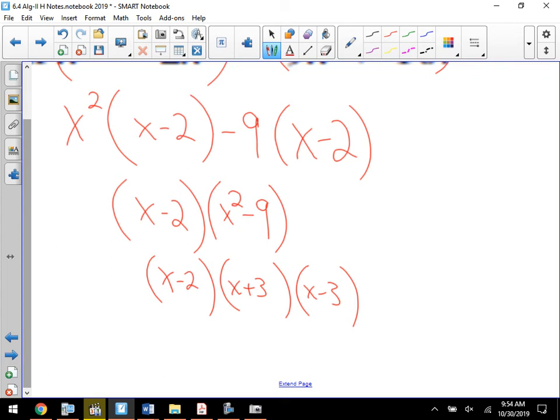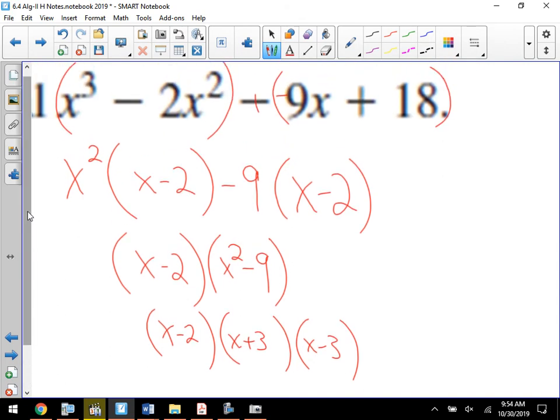Now, if I wanted to check my work, I'd have to FOIL all that together. I'd have to multiply the first two together, then I'd have to distribute to the last one. It's kind of ugly. It works. Or, at some point in time, you know you have to get what for your y-intercept? 18 has to be your y-intercept. Why is 18 your y-intercept, guys?